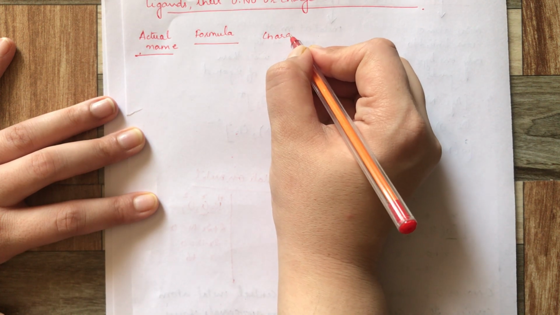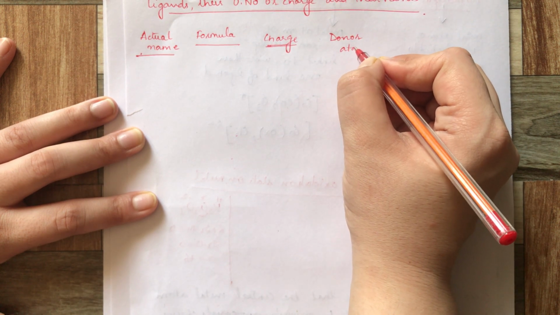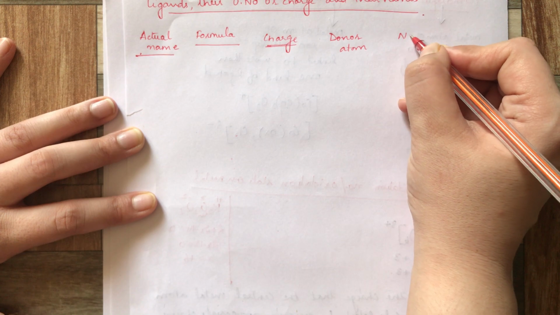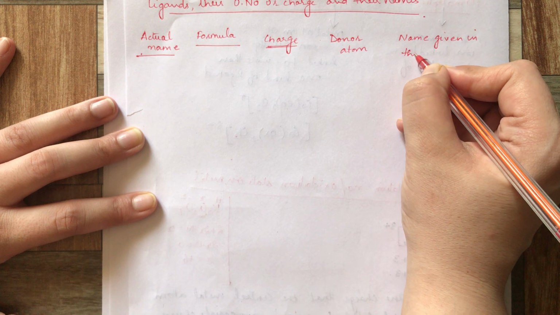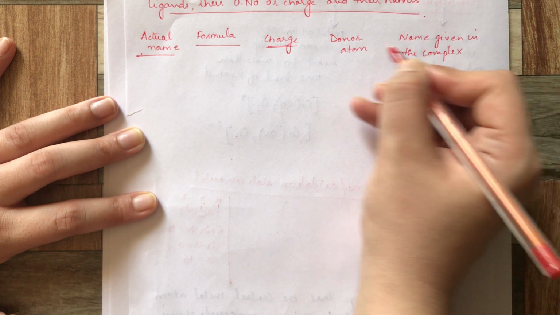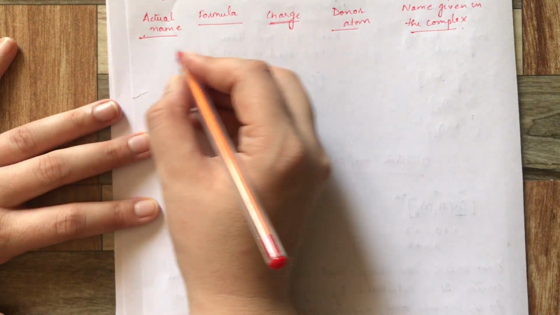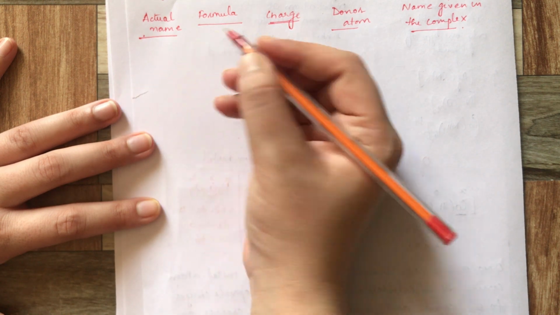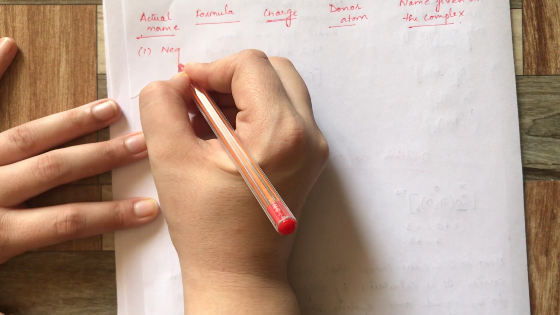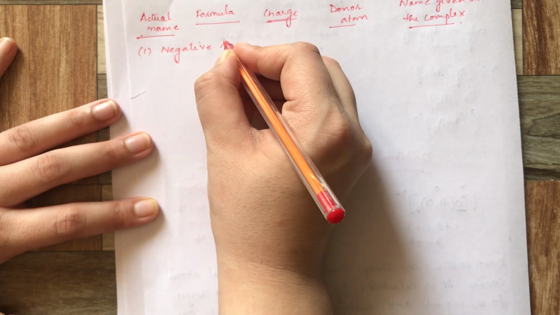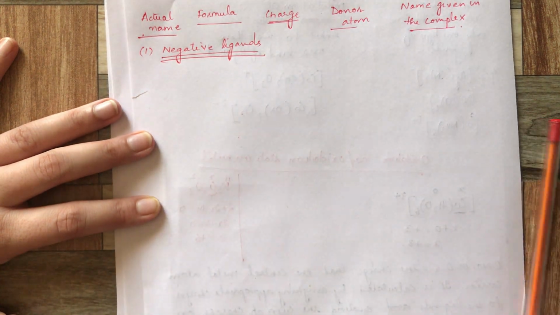The charge, if they are a molecule, what donor atom will be used, and the name given in the complex. That we have to discuss. Firstly we'll talk about all the negative ligands, which bear a negative charge. Now what negative charge they bear, we'll discuss.